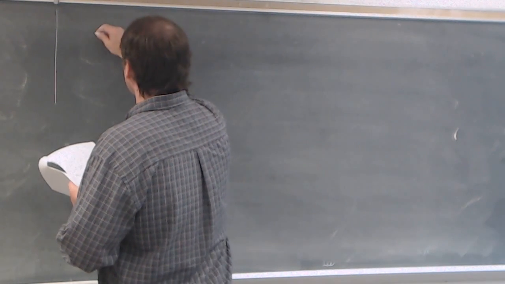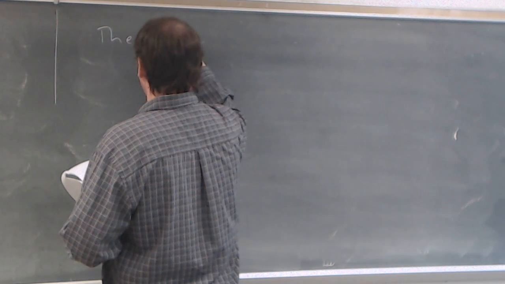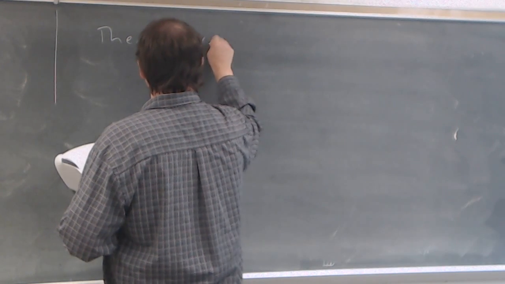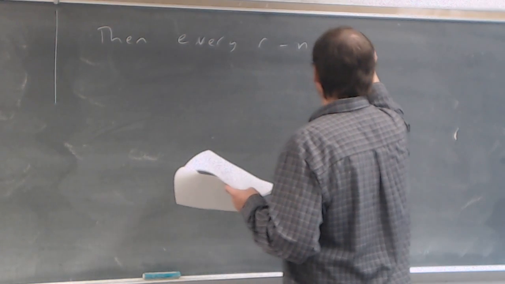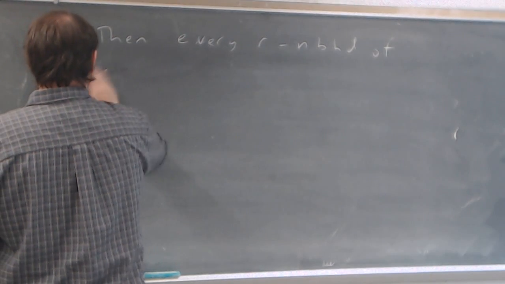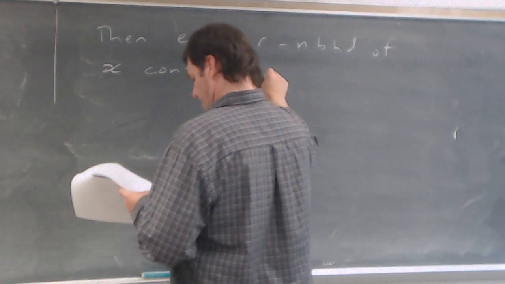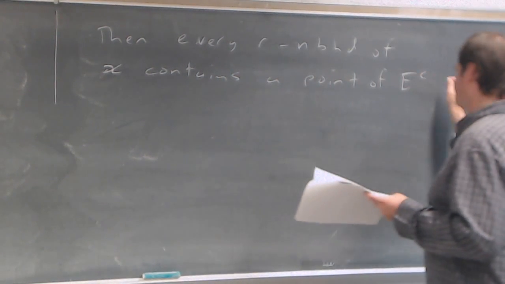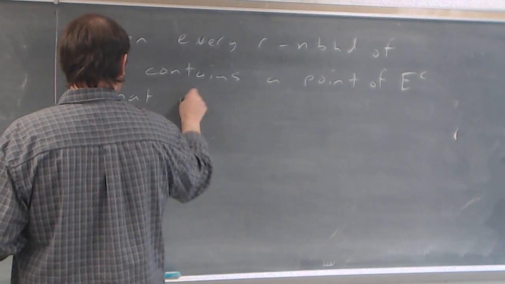So here's what I'll say. Remember, x is a limit point of E complement. Then every r neighborhood of x contains a point of E complement, and you know, it's not E, I mean, it's not x.